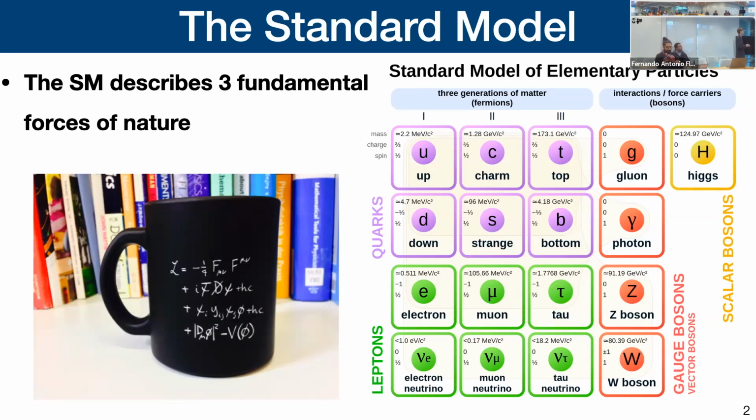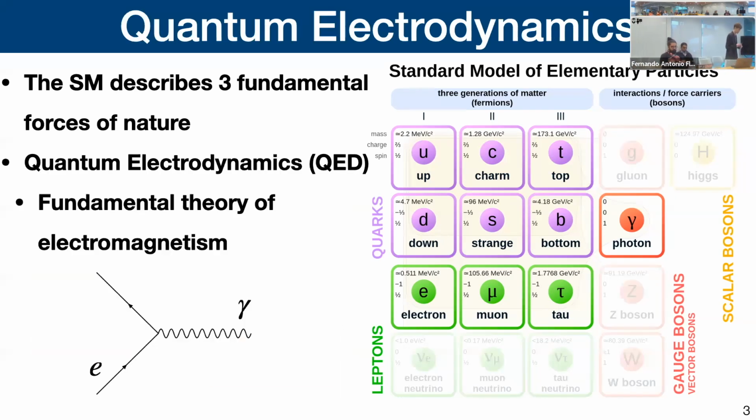And you can actually write this down in some kind of compact notation here that fits on the side of a mug, but in fact, there's very, very complex dynamics involved in this. So the force in the standard model that most people are familiar with is electromagnetism. Our theory for that is known as quantum electrodynamics, or QED, and that describes the interactions of particles that have electric charge, for example, the one shown here.